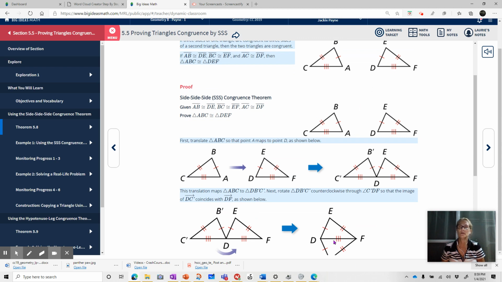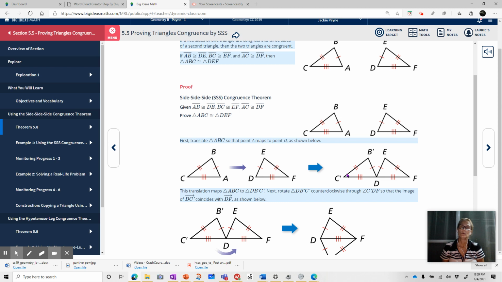The proof here is, remember we talked about if you can do a series of rigid motions, transformations, to map the one onto the other, then they have to be congruent because rigid motions preserve congruence. So if you started with these two and you want to prove that they're congruent, first you scoot this one over so that A and D match. Then you end up with this picture right here.